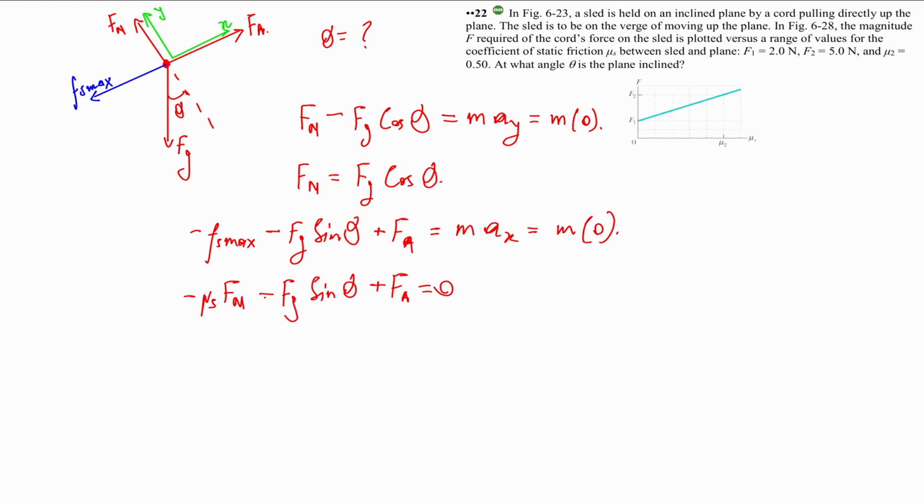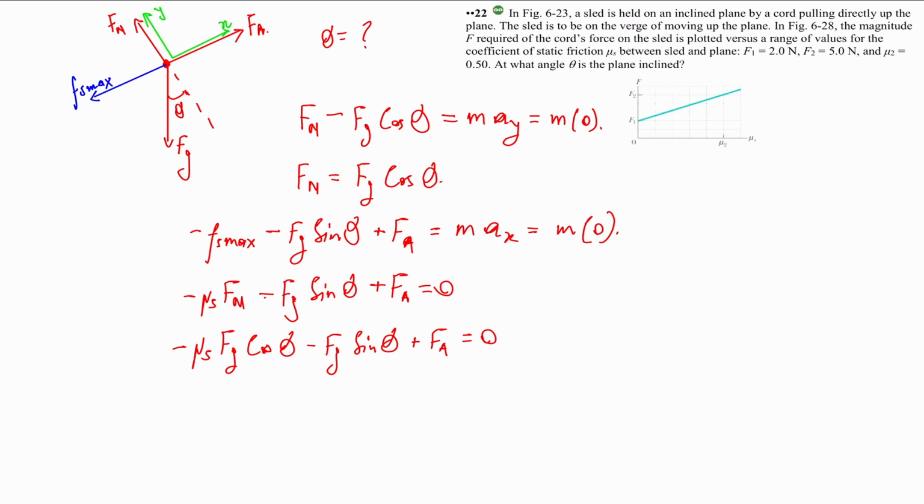If we were to do so, this equation is going to be given by mu s times Fg cos theta minus Fg sine theta plus Fa. This is equal to 0.